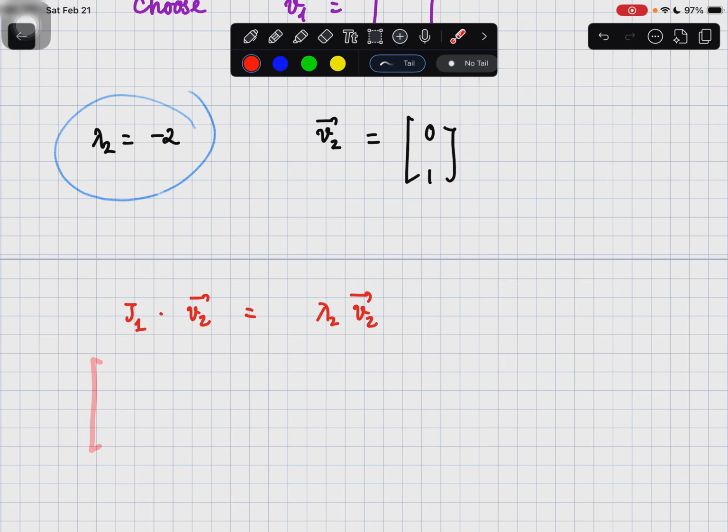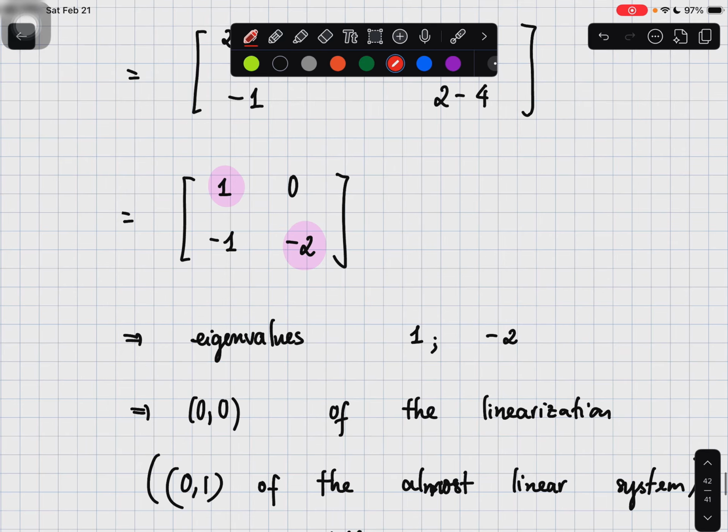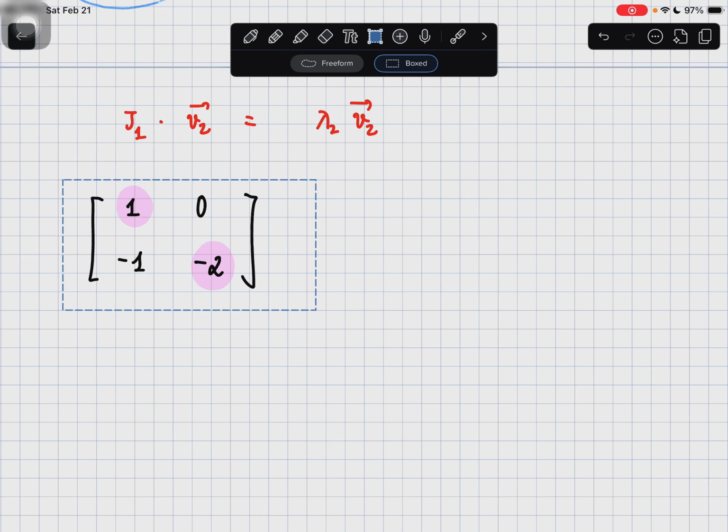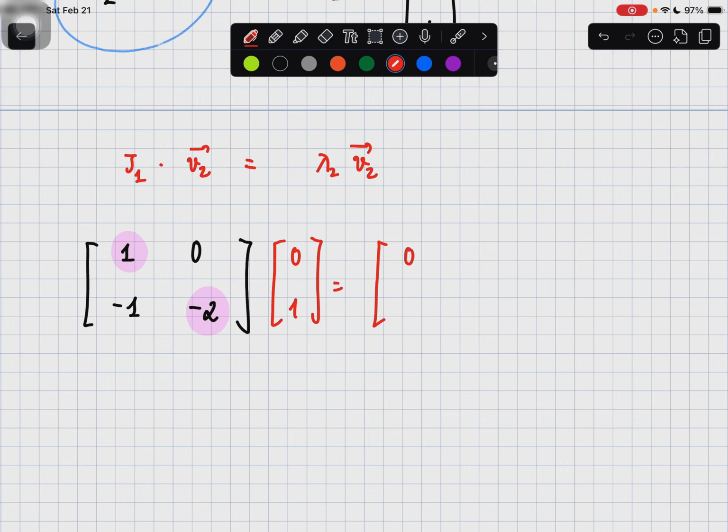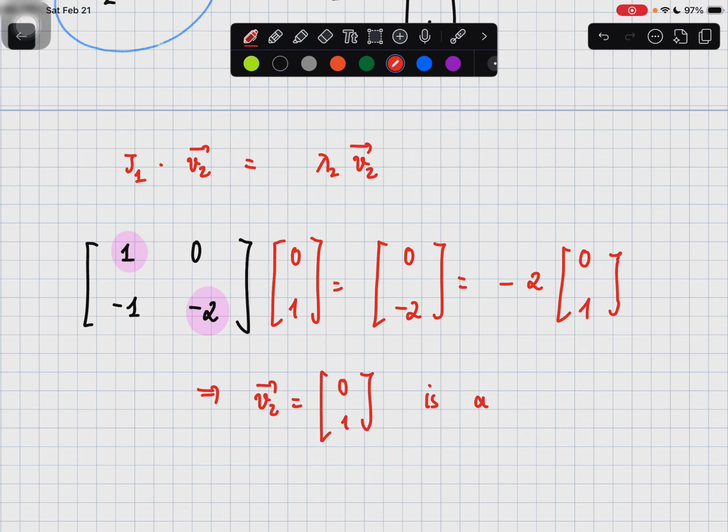Verification: this matrix times v2 (0, 1), you get the second column (0, negative 2), which is negative 2 times (0, 1). So you see that v2 (0, 1) is an eigenvector associated to lambda 2 equal to negative 2.